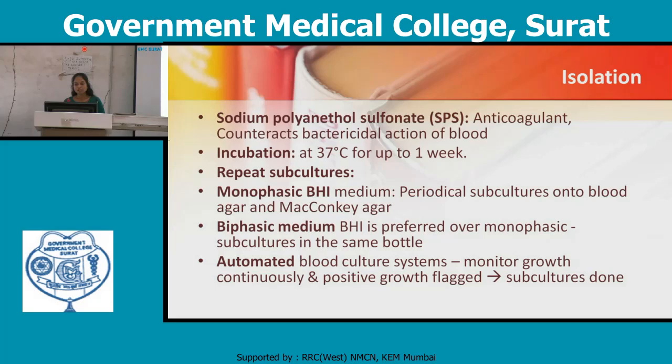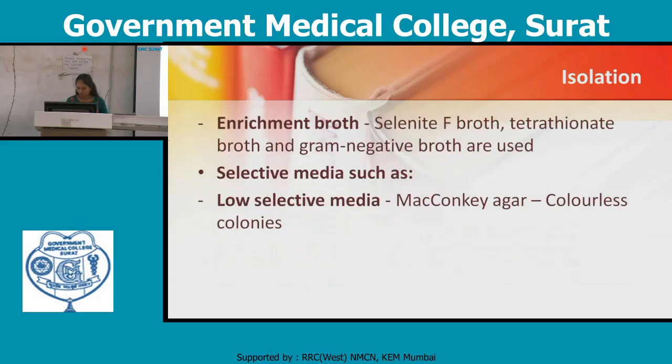Biphasic BHI medium is preferred over monophasic, as it allows subculture in the same bottle. In the automated blood culture system, growth is monitored continuously and positive growth is flagged. Subculture can be done. Enrichment broths such as selenite F broth, tetrathionate broth and gram-negative broth are used.